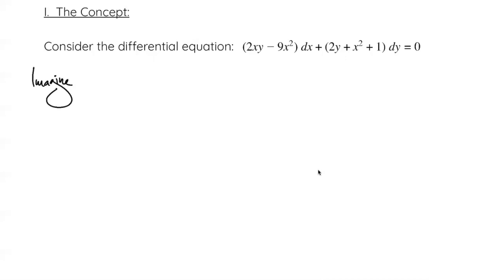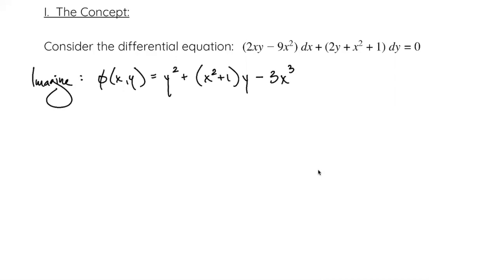Today, let's imagine that we have a function called phi of x y. And for this particular equation, let's say that phi of x y happens to be y squared plus (x squared plus 1)y minus 3x cubed, okay?